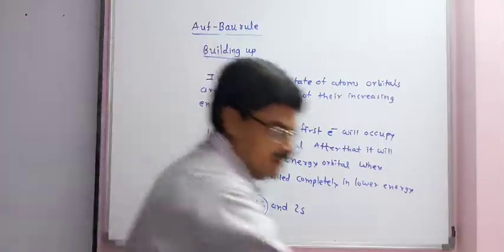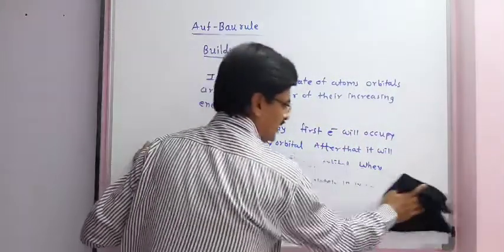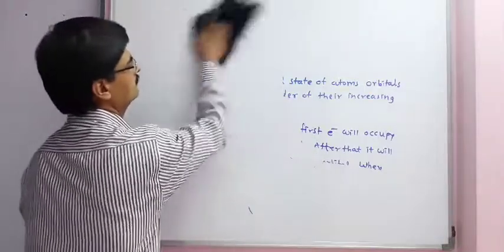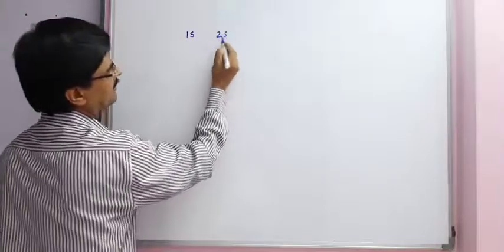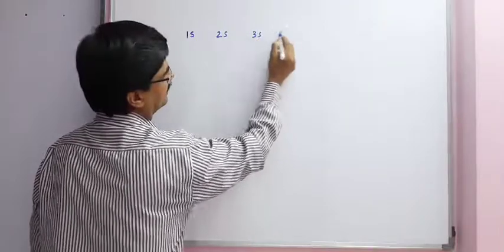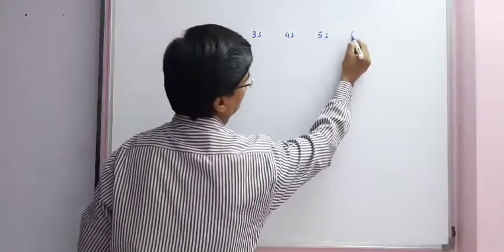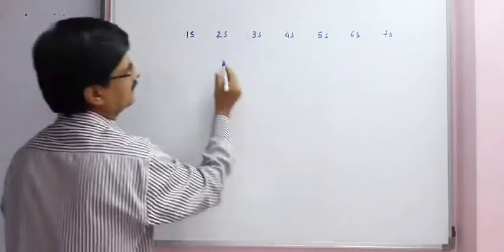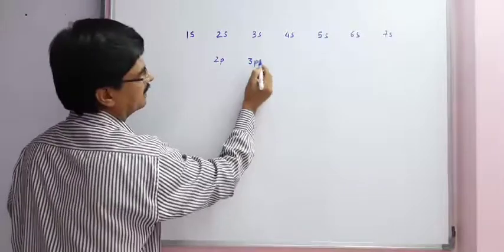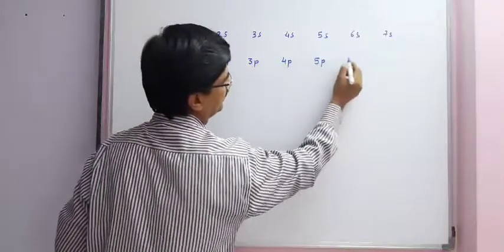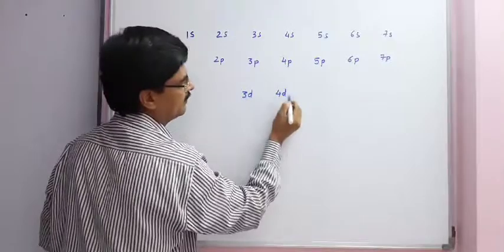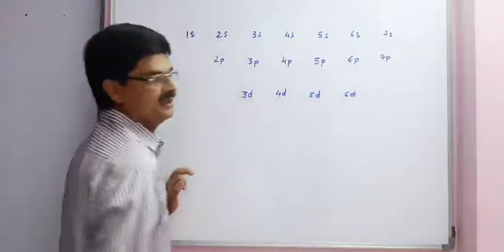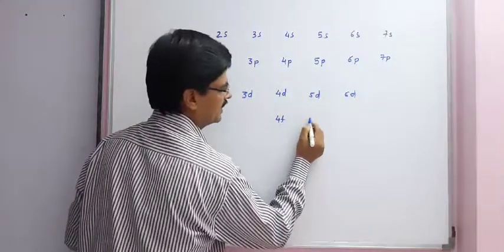We can understand the sequence of subshells by drawing a simple diagram. 1s, 2s, 3s, 4s, 5s, 6s and 7s. 2p, 3p, 4p, 5p, 6p, 7p. 3d, 4d, 5d and 6d. And same way 4f and 5f.